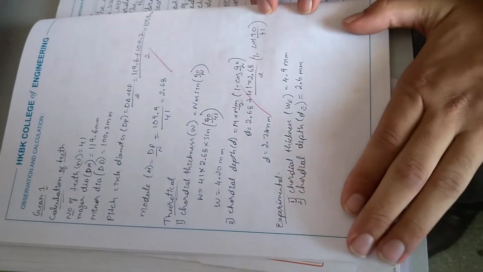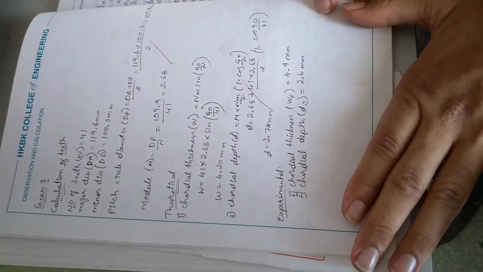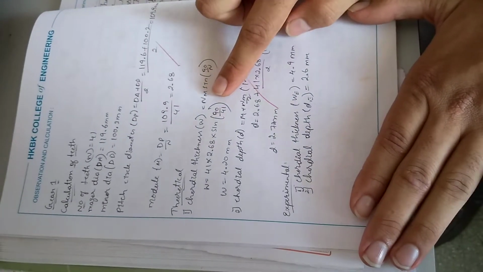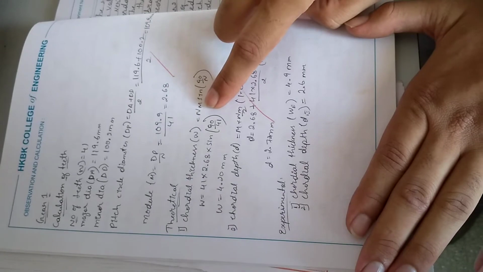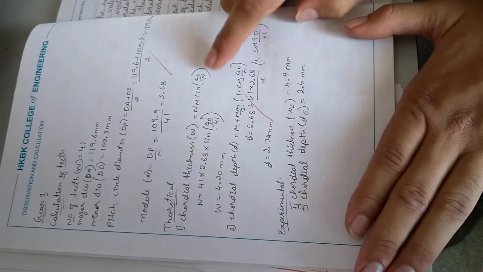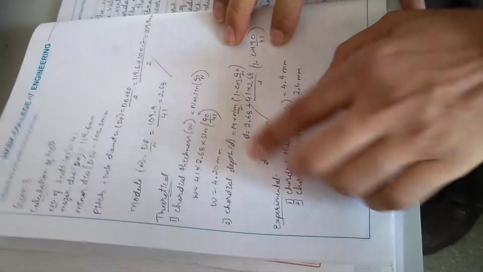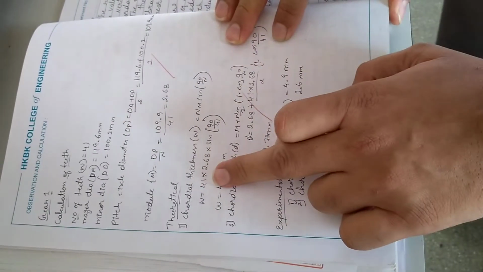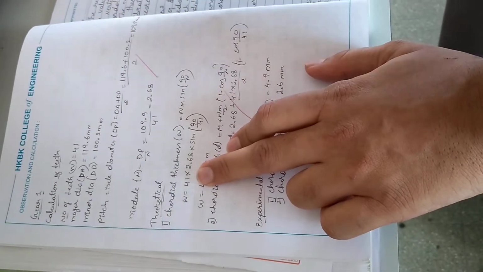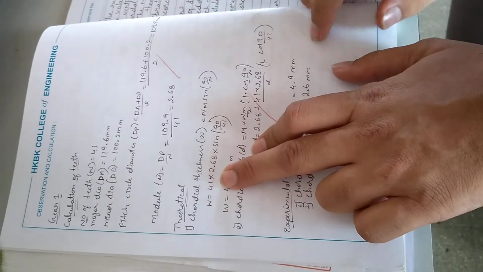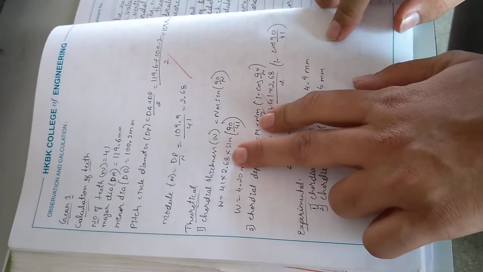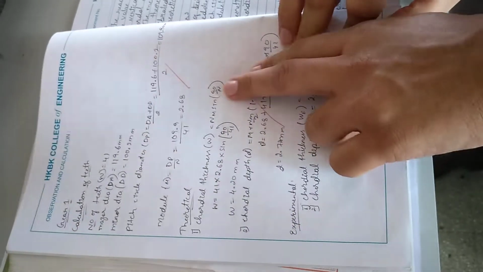To find the theoretical thickness and width, we have the formulas. W, that is the thickness, is given by N M sin 90 by N, where N is generally represented as Z, so it can also be called MZ sin 90 by Z, where Z is the number of teeth and M is the module, which we have already found out.